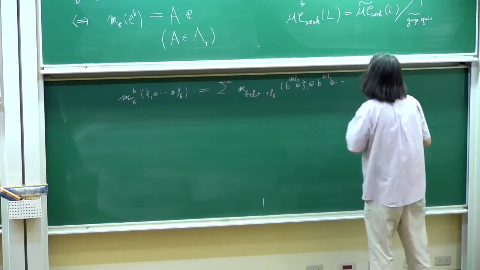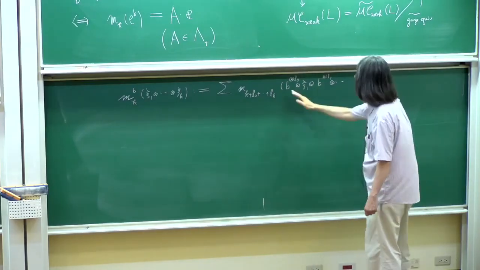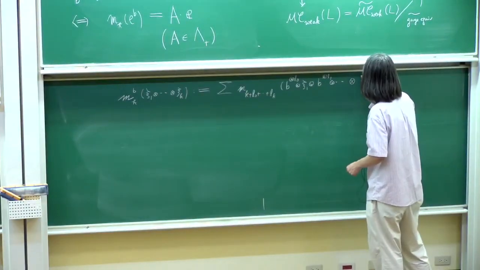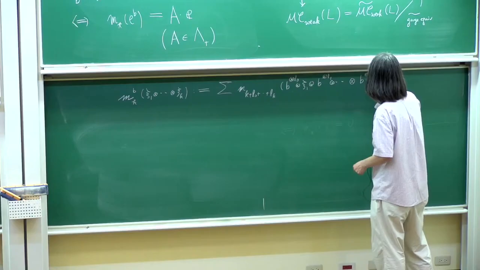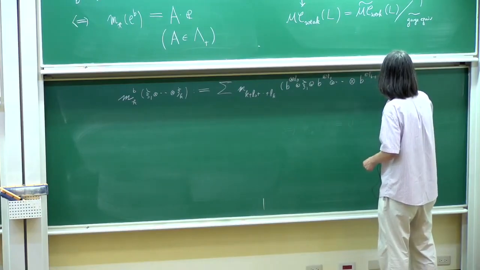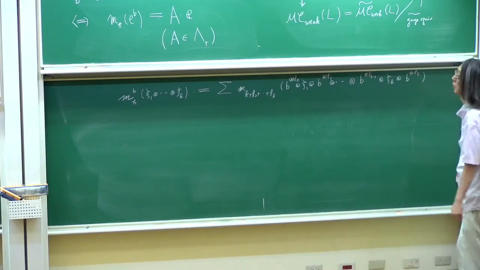You just put an arbitrary number of B's before x_i1, or between x_i and x_i plus 1, and even after x_k.